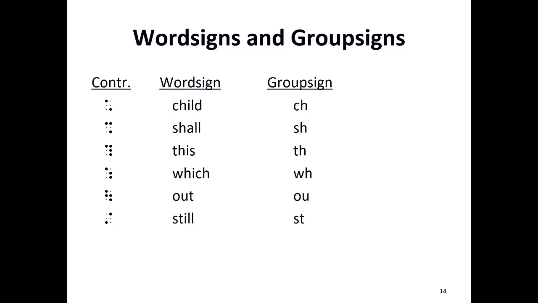But if there's Braille around it, it's going to stand for the letters CH, and so on down the columns on this slide. So shall is the word represented by those dots 1, 4, 6, or if there's Braille around it, then they become the letters SH. Let's look at some examples on the next slide.